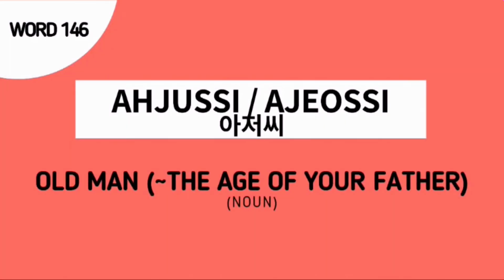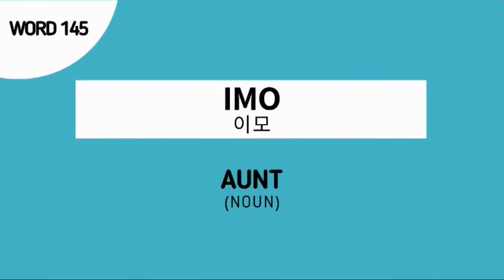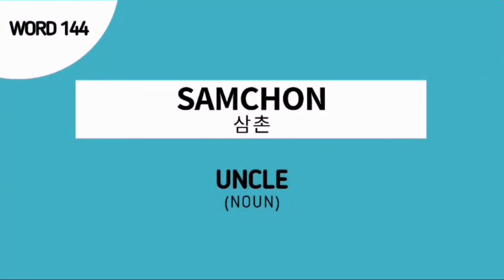Word number 146 is ajosi, and this is the Korean noun for an old man. Word number 146 is imo, and this is the Korean noun for aunt. And the last for our review, word number 144, samchon, and this is the Korean noun for uncle.